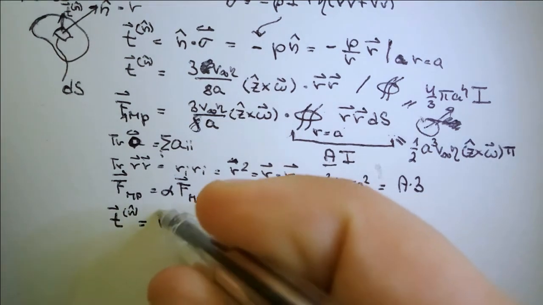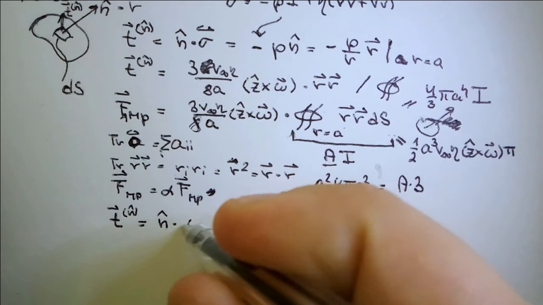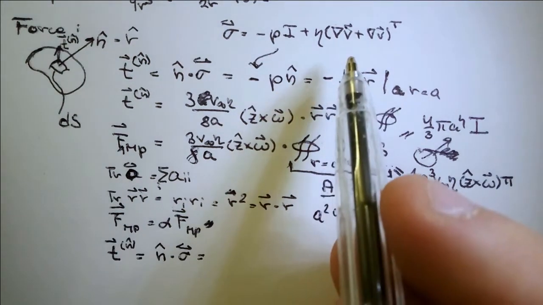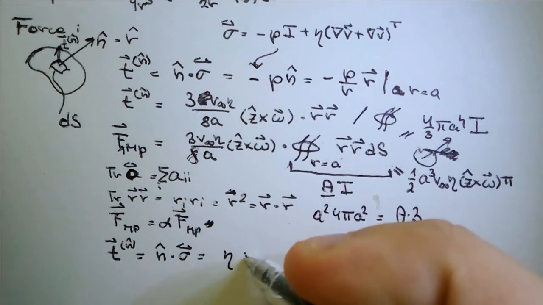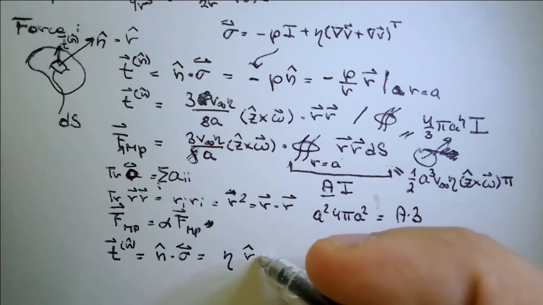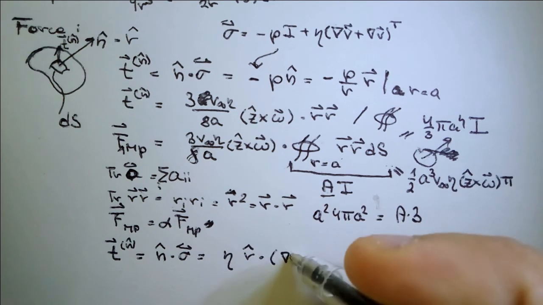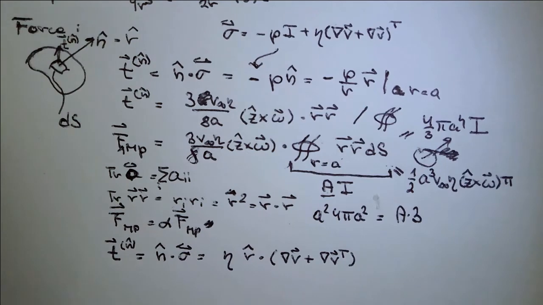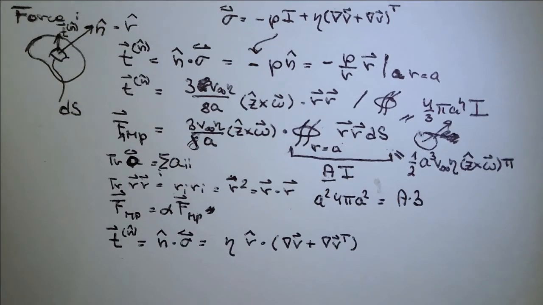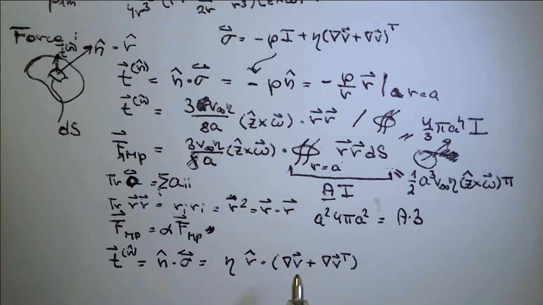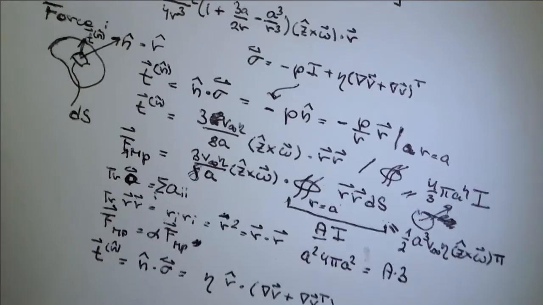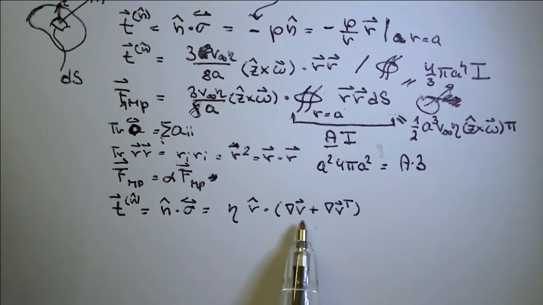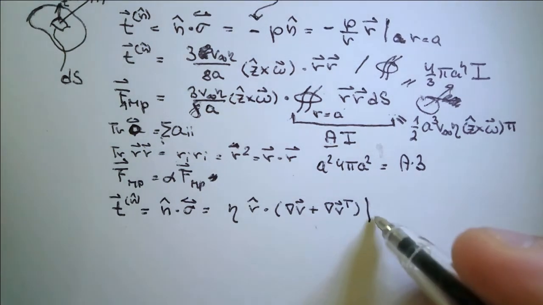It's going to be n hat dot sigma, the stress tensor, and according to this formula it's eta r hat dot the gradient of the velocity field plus the gradient of the velocity field transposed. Interestingly enough, we know the formula for the velocity field. Oh, I'm sorry, the velocity field was the curl of the summation of two terms.